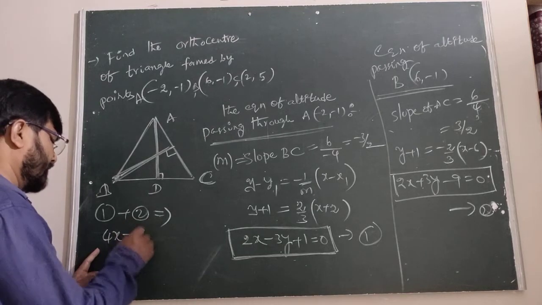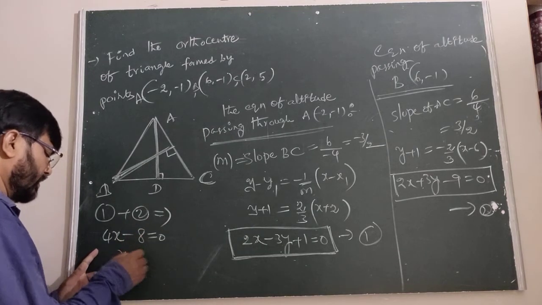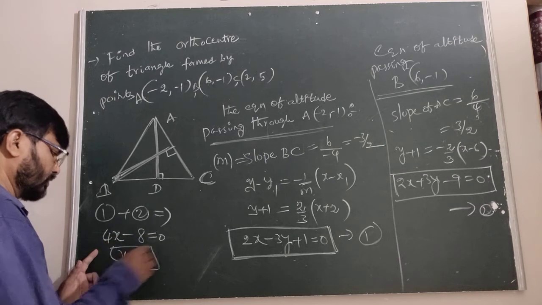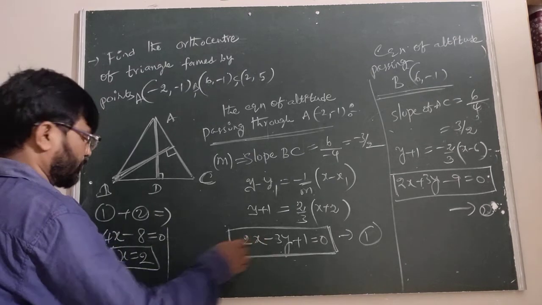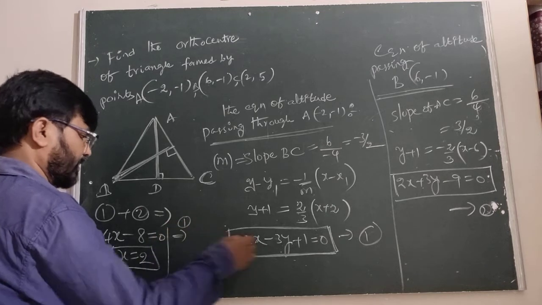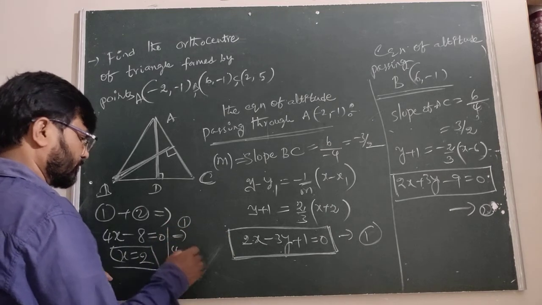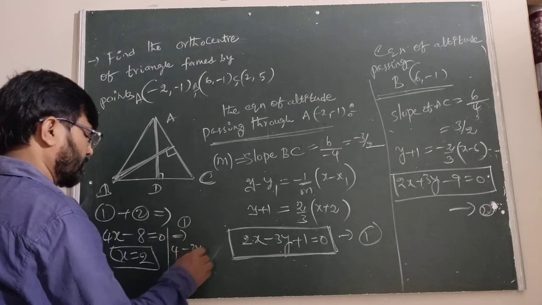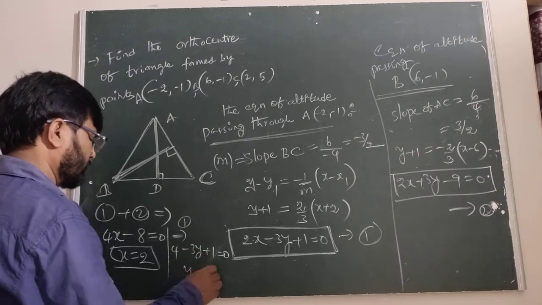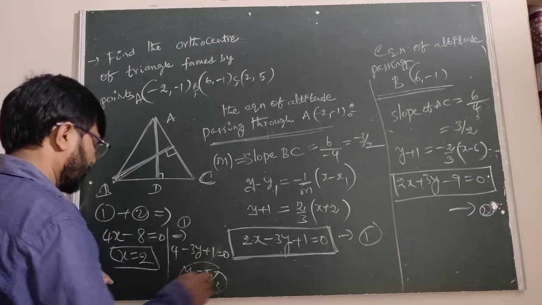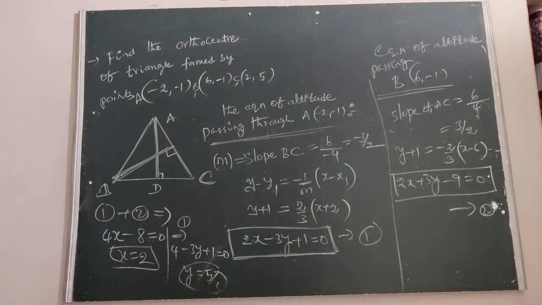Therefore 4x minus 8 equal to 0, the value of x equal to 2. Now substitute x equal to 2 in equation 1 or equation 2. In equation 1, 2 into 2 is 4, minus 3y plus 1 equal to 0. Therefore, y equals 5 by 3. The orthocenter is (2, 5 by 3).